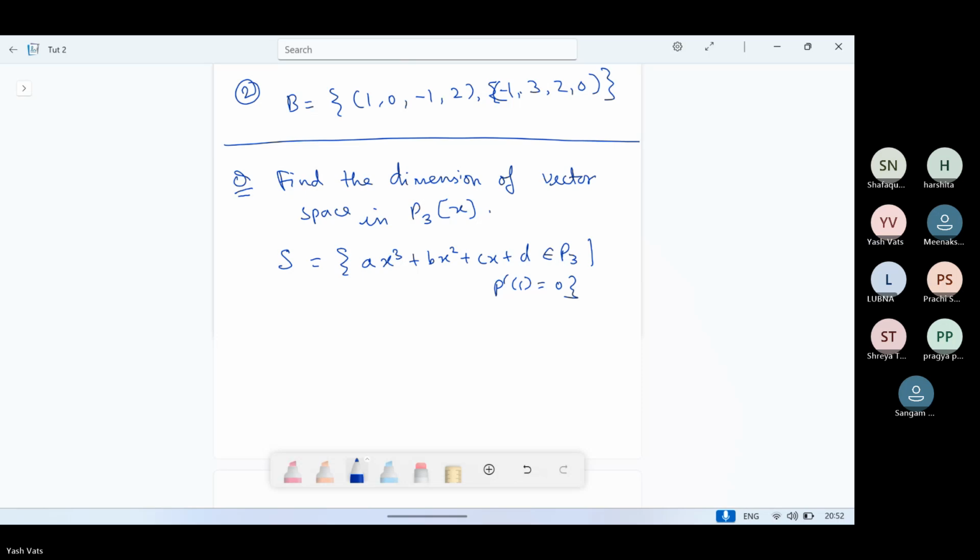Anyone? What's the dimension of S? Can anybody answer it? It's very easy. Meenakshi, Harshit. Shafaq, Meenakshi, Harshita, anyone?